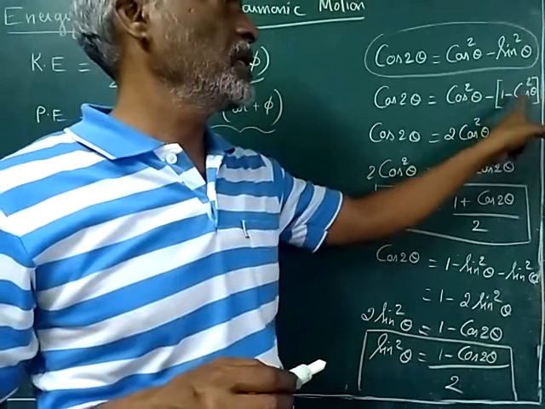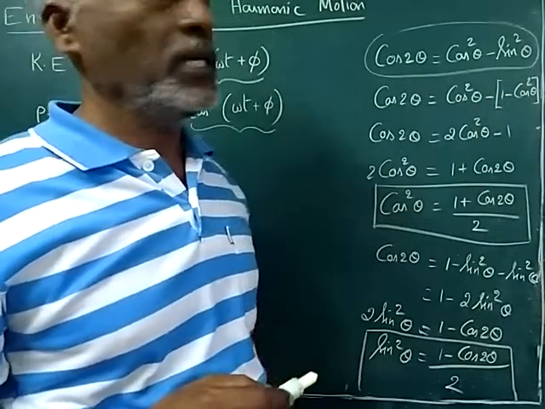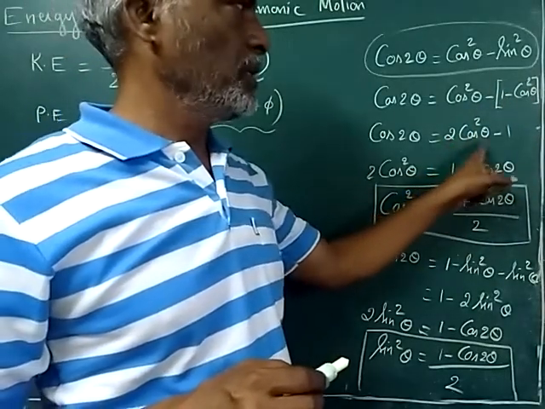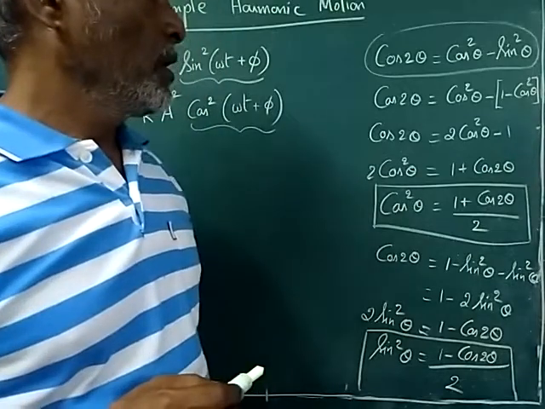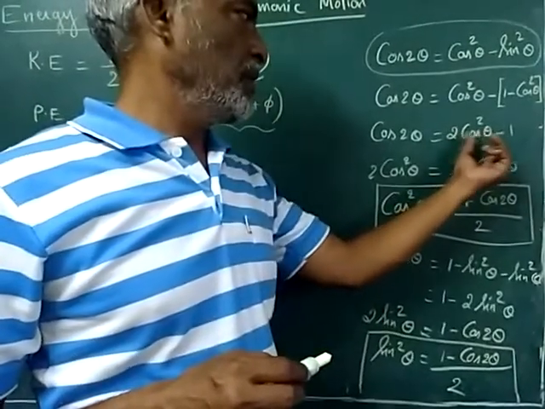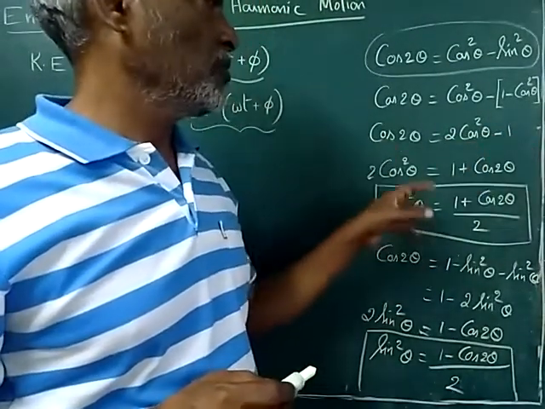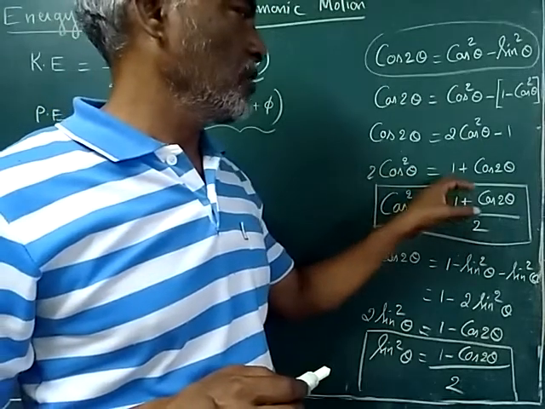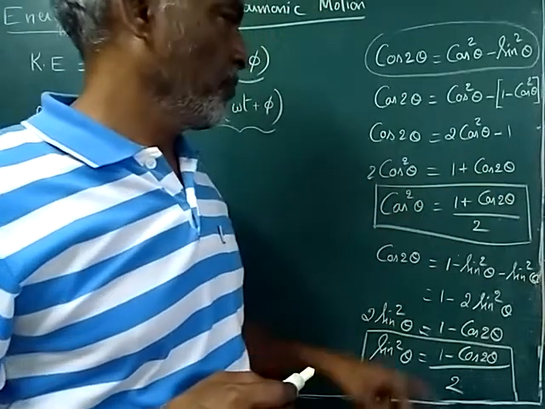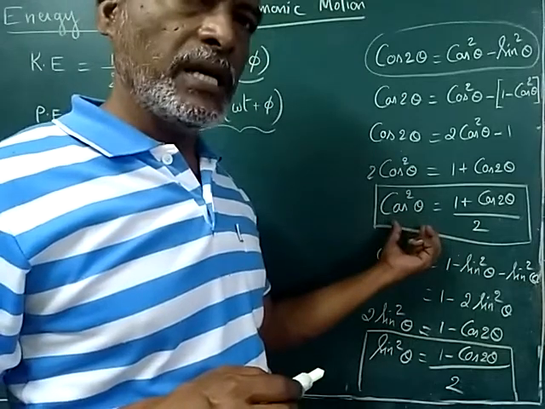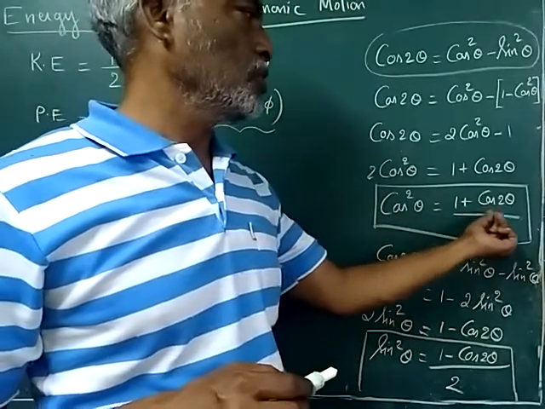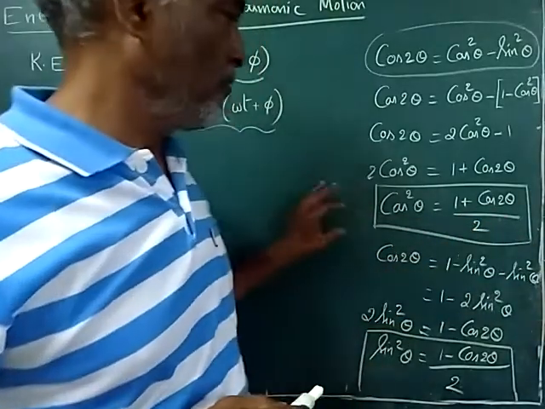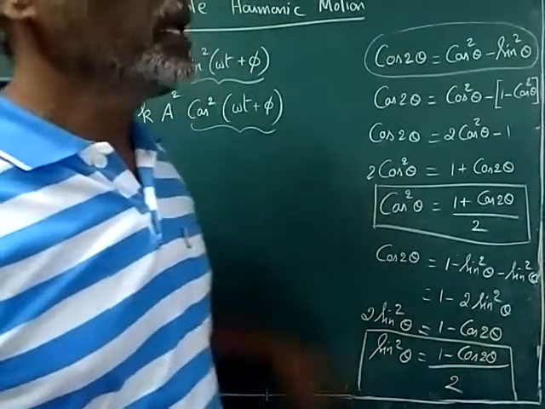So cos square theta and once again cos square theta, you will be having 2 cos square theta minus 1. Bring this minus 1 to this side. So you will be having 2 cos square theta is equal to 1 plus cos 2 theta. Therefore cos square theta can be written as 1 plus cos 2 theta by 2. So this is the standard formula.